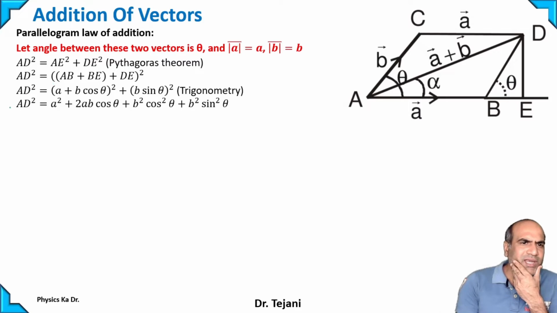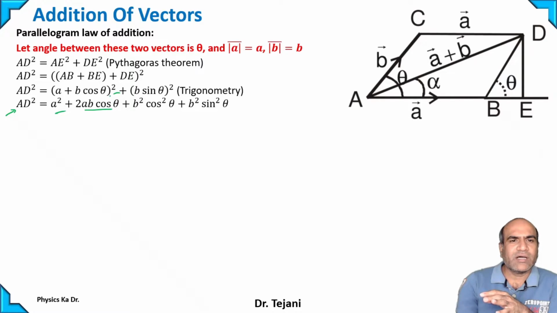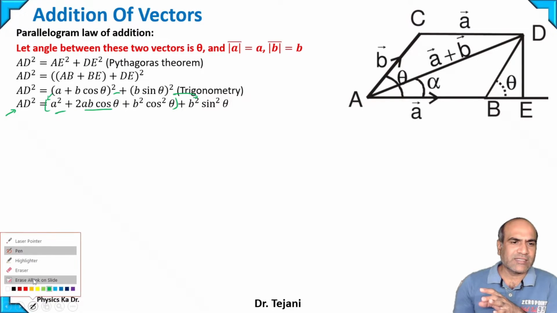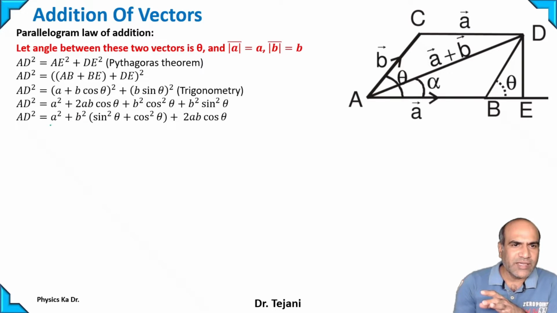Next is AD. Just expanding this, A square plus 2AB cos theta plus B square cos square theta, this is the expansion of this bracket, and plus B square sin square theta. Let's rearrange this.